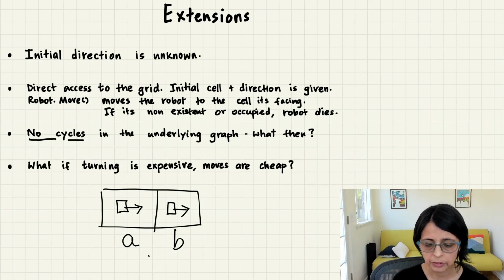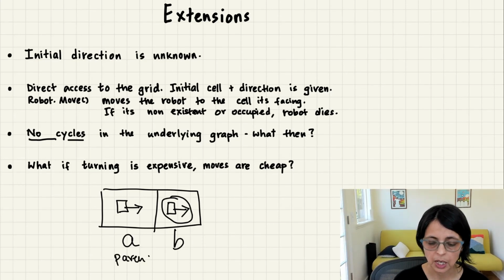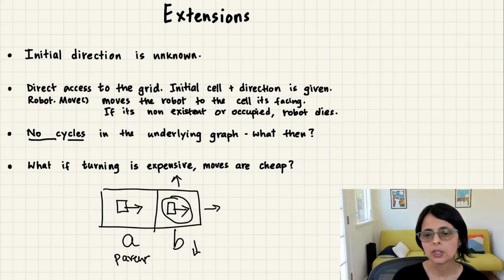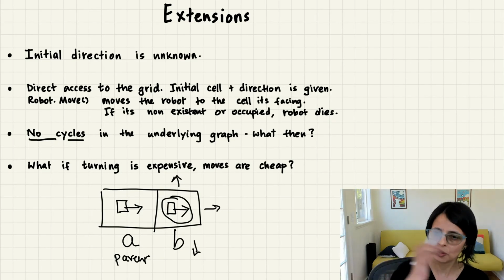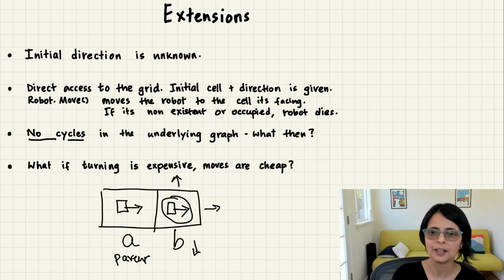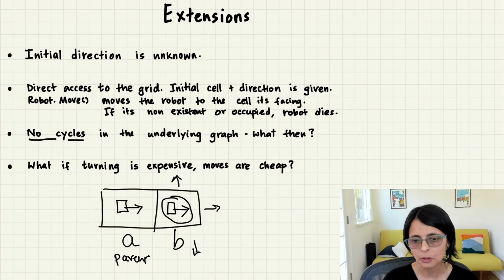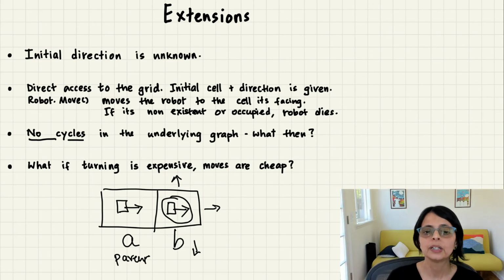So that means the moment you know the initial direction the robot is facing in B, you know that A is B's parent. Not the neighbor above, not the neighbor to the right, not the neighbor down, but the neighbor that is 180 degrees from your current direction. So you just have to make sure that you don't call your parent back, because that could lead to an infinite loop between A and B, and that won't be because there's a cycle, that will be just because the edges are not directed.